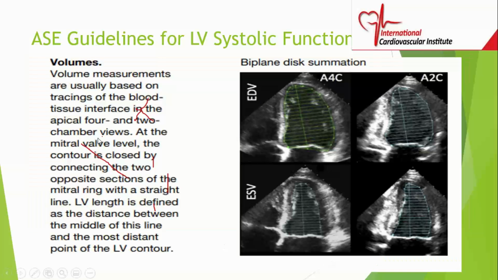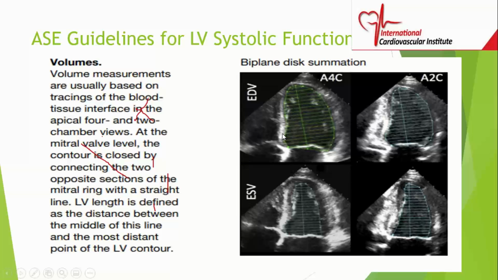All right, so when we talk about volumetric assessment now, what is recommended, you can use your 4-chamber view, or you can use a 2-chamber view. If you're going to use the apical 4-chamber view, you trace the endocardial border in end diastole, and you're not going to curve around the trabeculation like some people do.